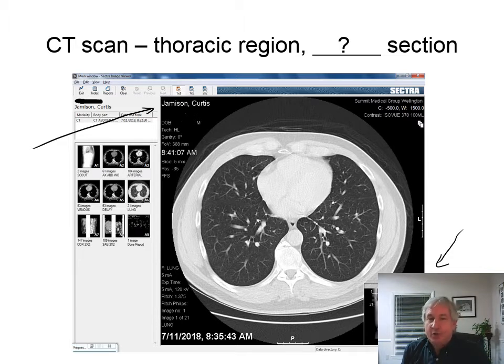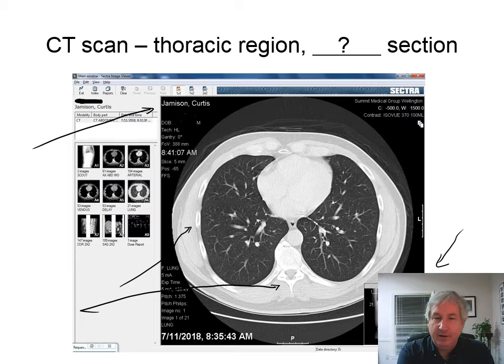So what do we got here? Well, we're looking at the thoracic region. You can see a vertebra there, here, and here. These little white things right there, those are ribs, right? This part here, that's a lung.